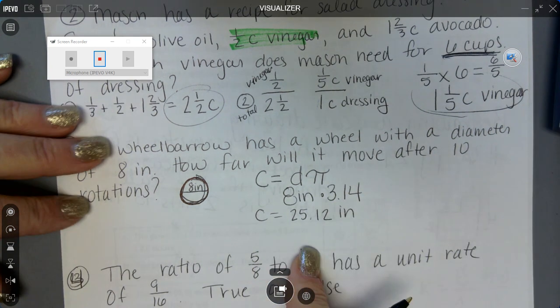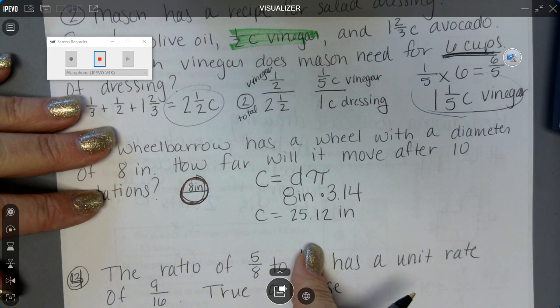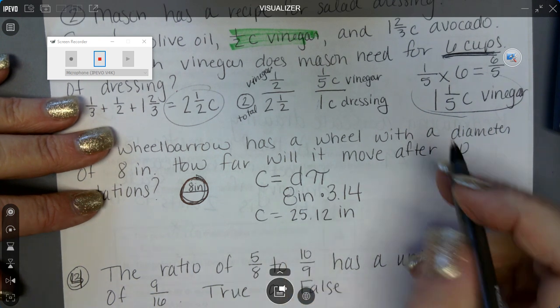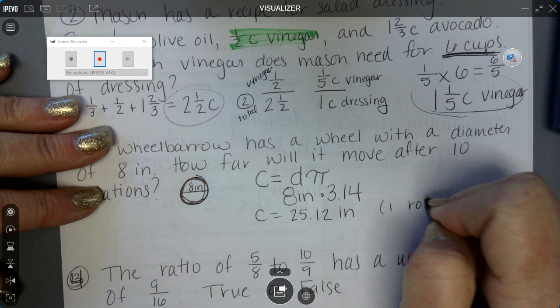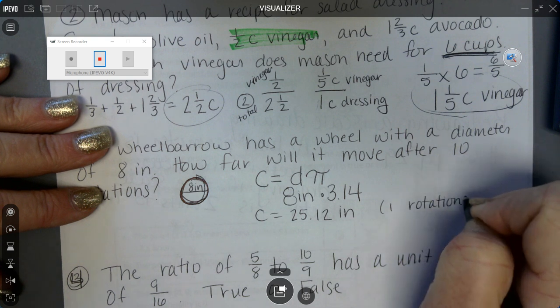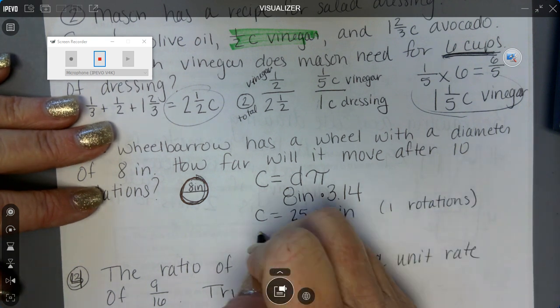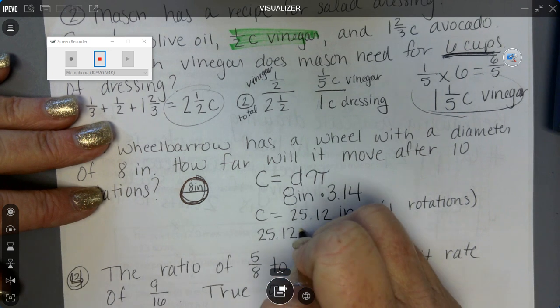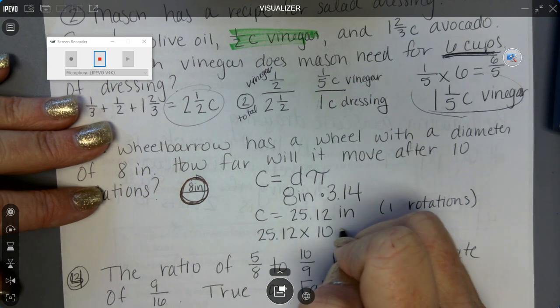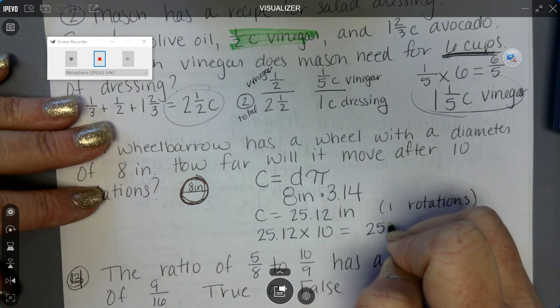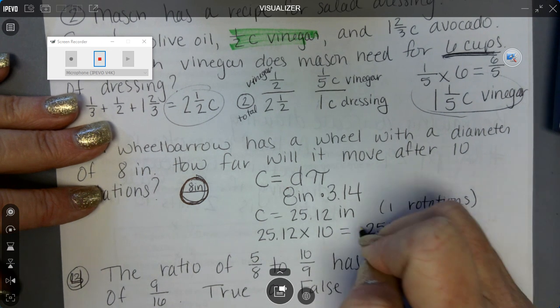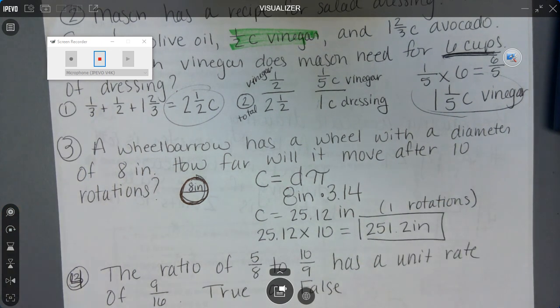Is that my answer? No, because this is only for one rotation. How many rotations does it go? 10. So I'm going to take 25.12 and multiply it by 10. 251.2. All right, and that is my answer. Okay?